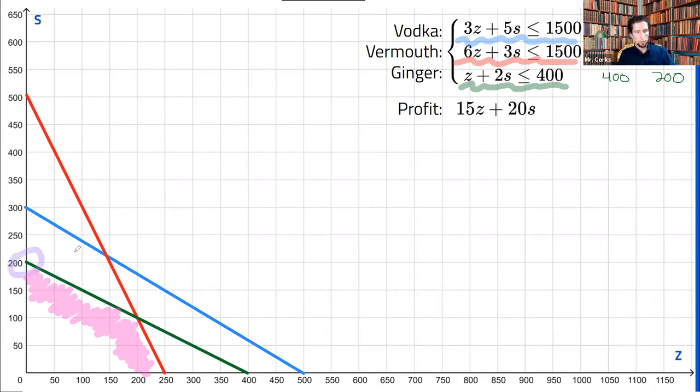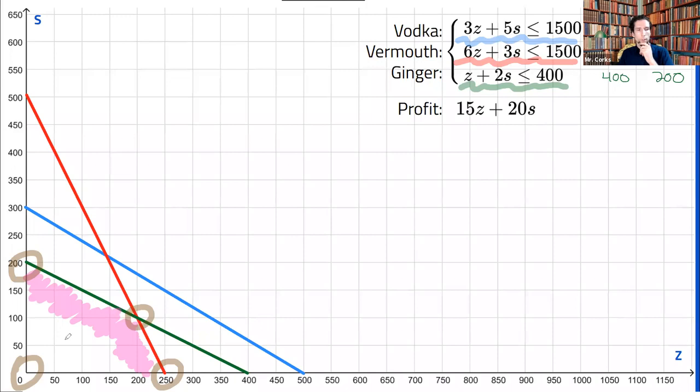Okay. 200 S. Yep, that's one. 200, 100, so the green and red lines. 250, 0. Okay, that color is easier to see, so I'll do that one. So green and our vertical axis, red and green, red and our horizontal axis. You said there's one more? 0, 0. Okay.